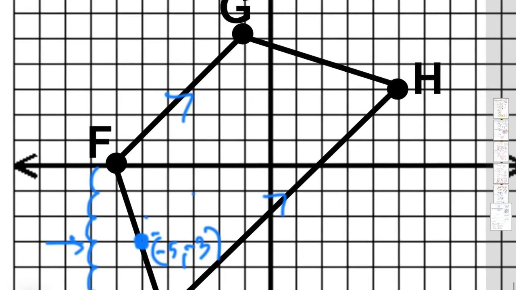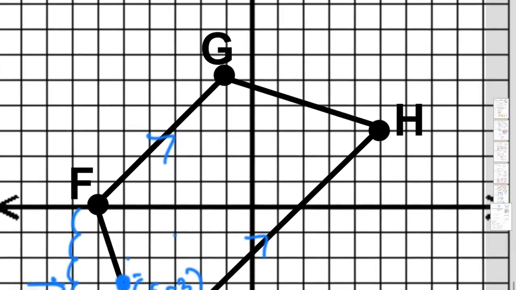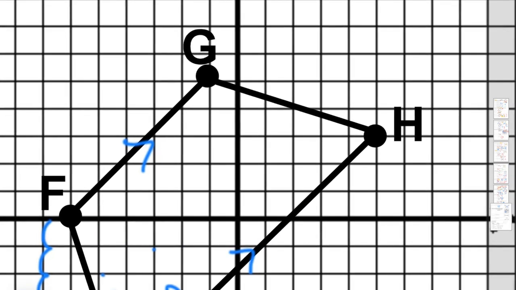And so I also have to find the midpoint from G to H. Once again, the midpoint is just half the distance in X and half the distance in Y. Changing Y, we went 2 units, so half of that would be 1 unit. So we're looking somewhere on this axis. And half the distance in X: we go 1, 2, 3, 4, 5, 6 units.